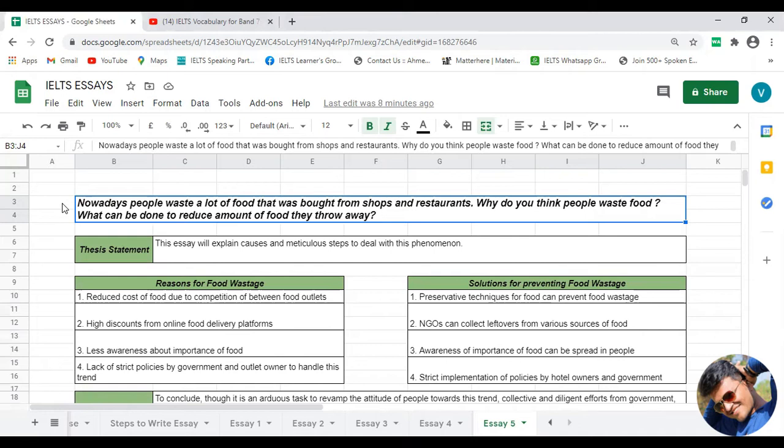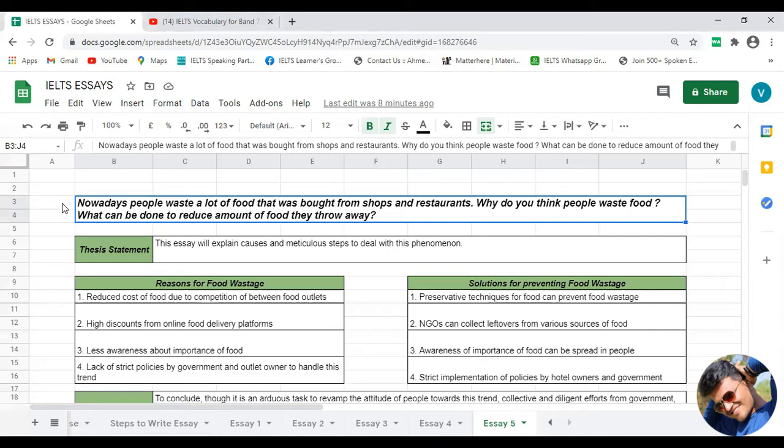Now the next activity that we need to do for this particular statement is writing the thesis statement. Now friends, if I talk about this particular category of essay, there are two questions which are asked to us and we need to provide the answer to those questions, right?